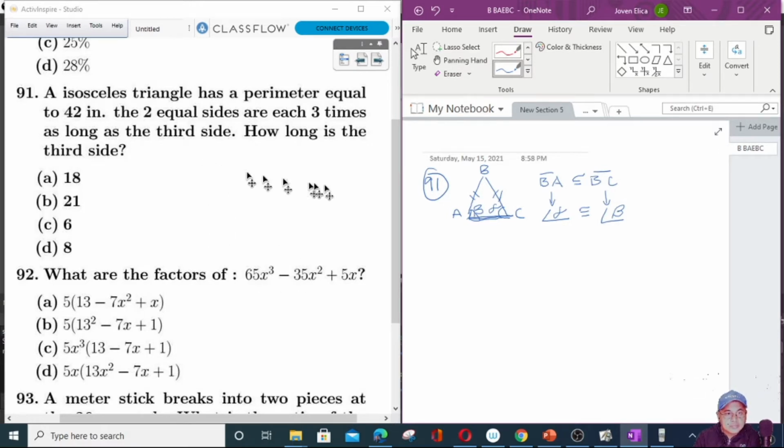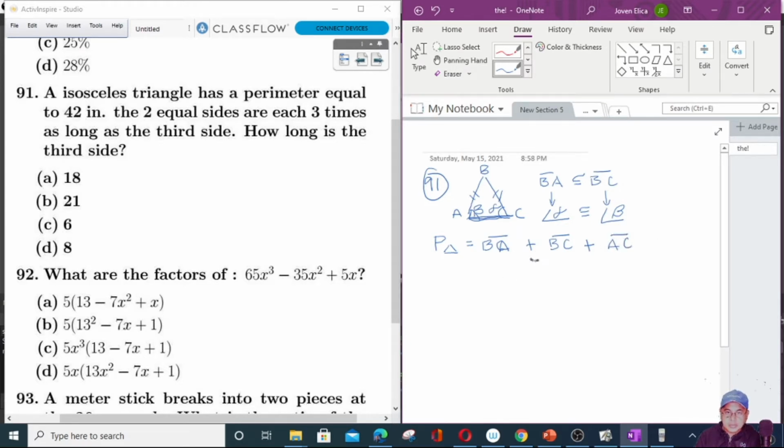And then based on the given, the perimeter of a triangle. Every triangle has a perimeter. The perimeter of the triangle is always equal to the sum of all the sides. So that is BA plus BC plus the segment AC.